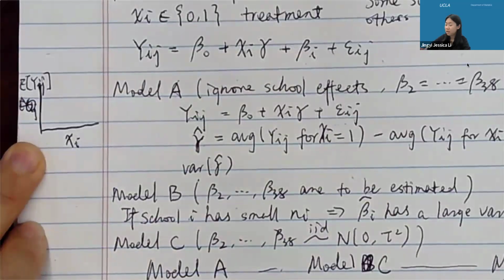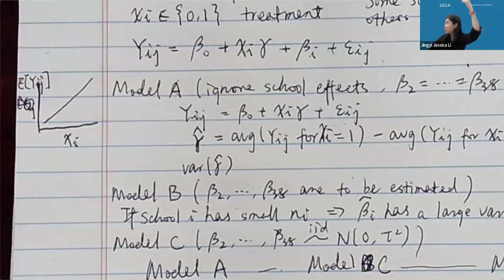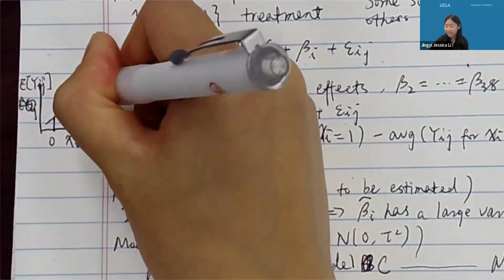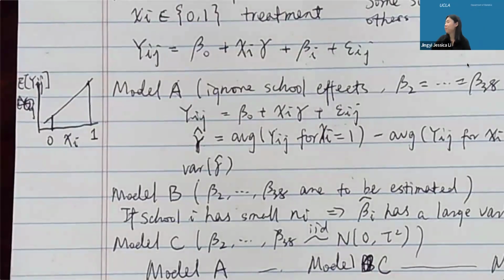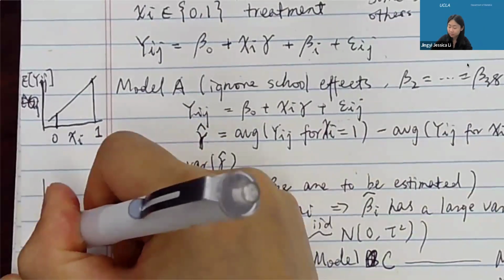Under model A, it's just one line, okay? There's only one relationship for all the schools. It's just 0, 1. So between 2 points, there must be a line. So that's model A.